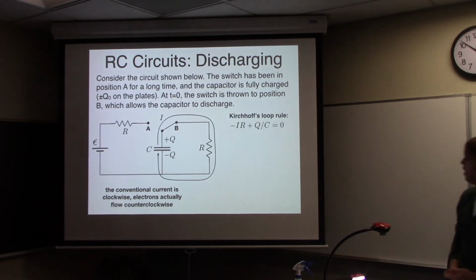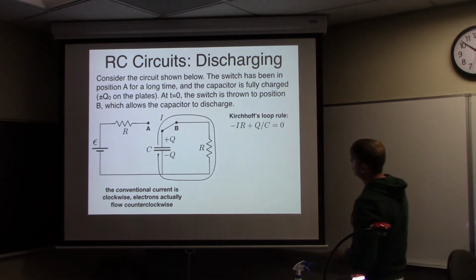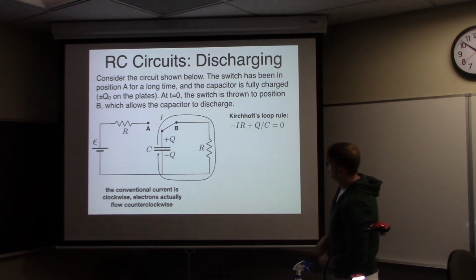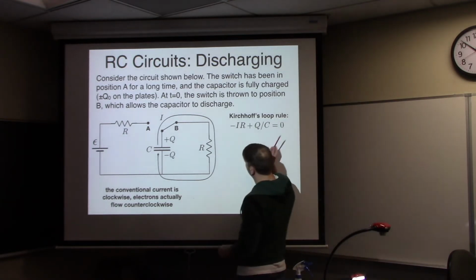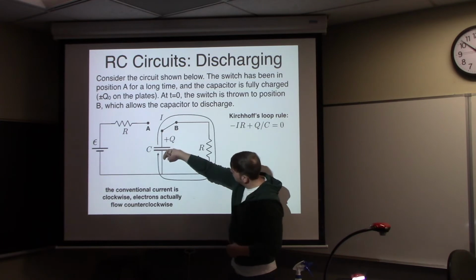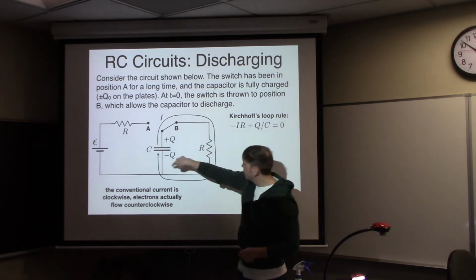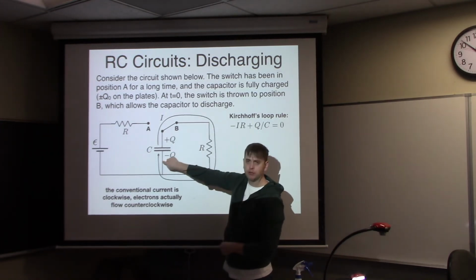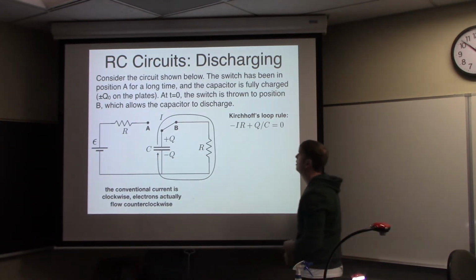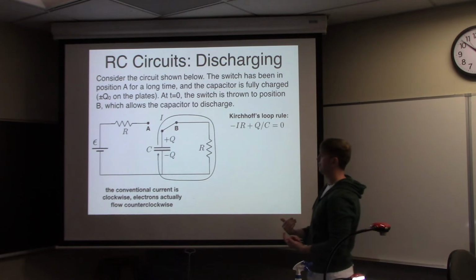So let's do a quick Kirchhoff's loop rule equation given this circuit. We have two terms to add together to give us 0 in the loop rule. If we take our loop to be going clockwise like this, maybe we can start over here. We're going to go across the capacitor plates from negative to positive.